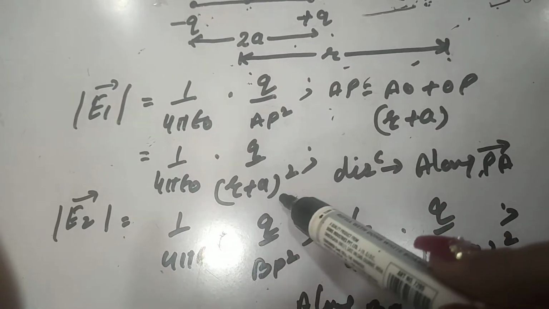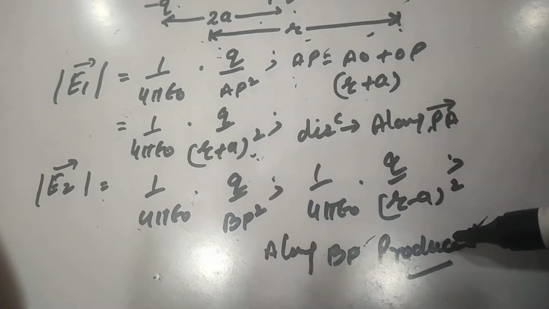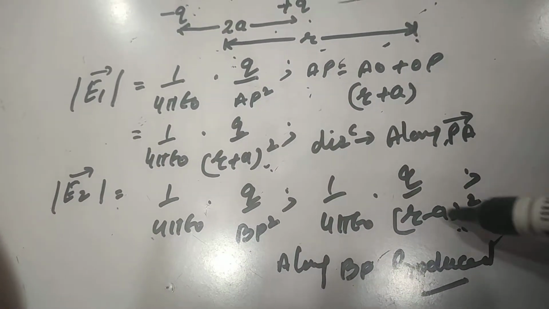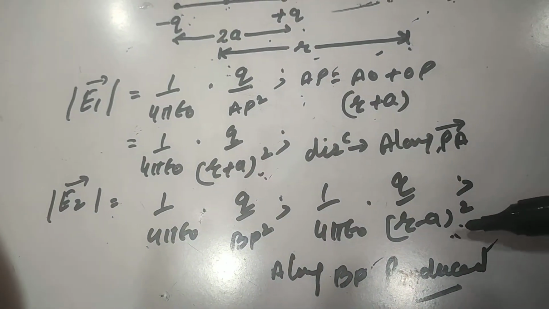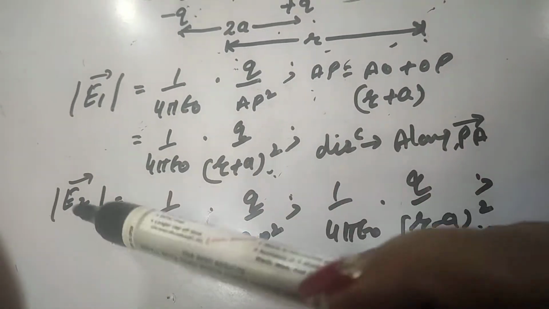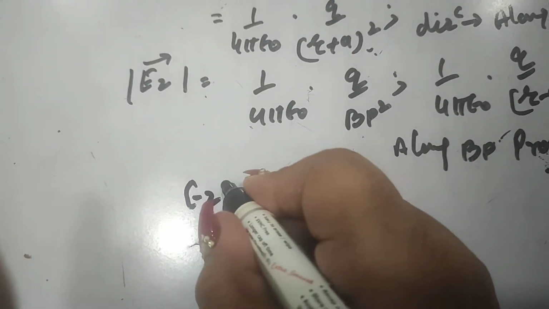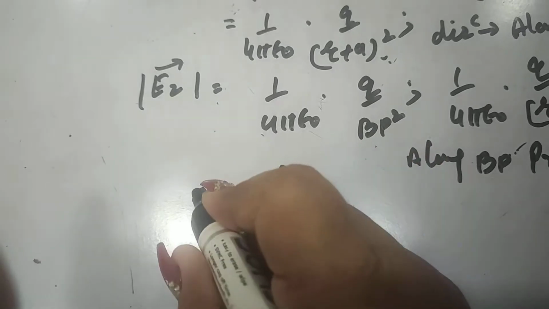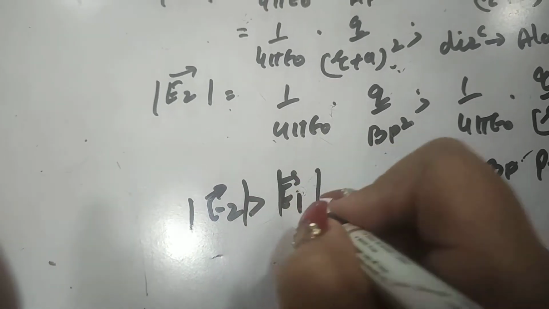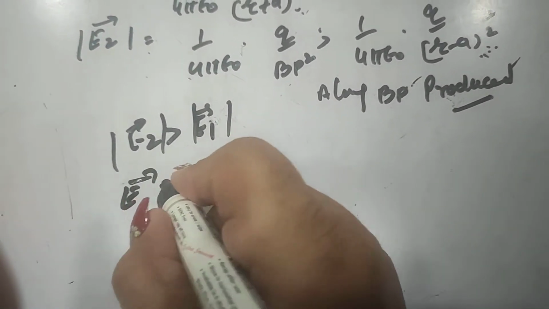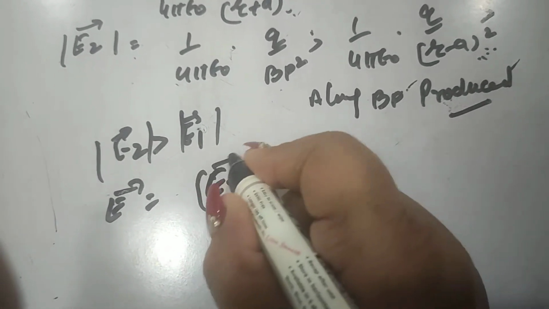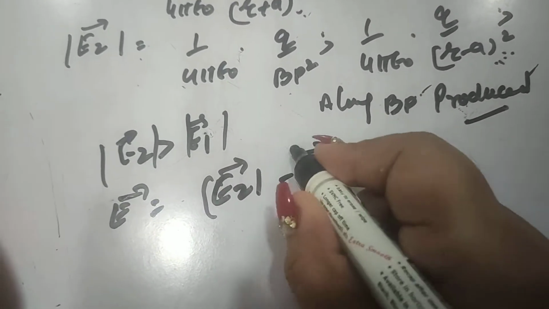Here r plus a is in the denominator for E1 and r minus a is in the denominator for E2. Since the smaller value is in the denominator of E2, E2 is greater than E1. So the net value of E can be written as E2 minus E1.